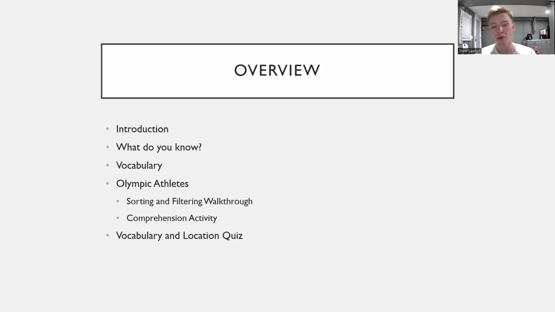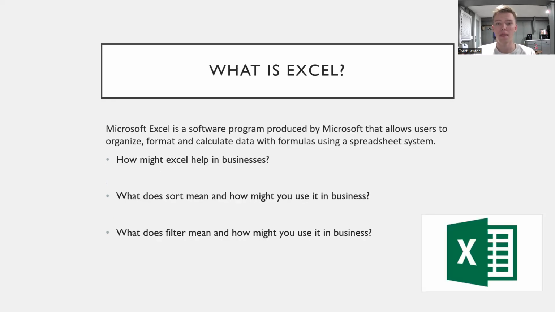And then to wrap up the class, we're going to be doing a little bit of a vocabulary and location quiz, a little quick quiz to show your understanding and show that you have this new skill that we're going to be working on for the next few weeks, working on different functions to use and how we're going to use Excel in life.